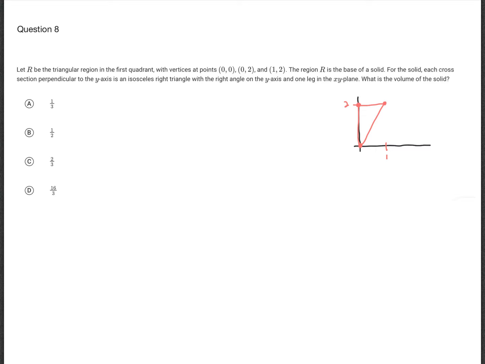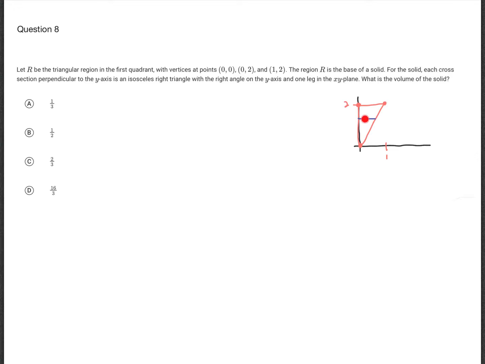Okay, the region R is the base of the solid. For the solid, each cross-section is now perpendicular to the y-axis. So that means we're going to get this in terms of y. And it's an isosceles right triangle with the right angle on the y-axis and one leg in the xy plane.